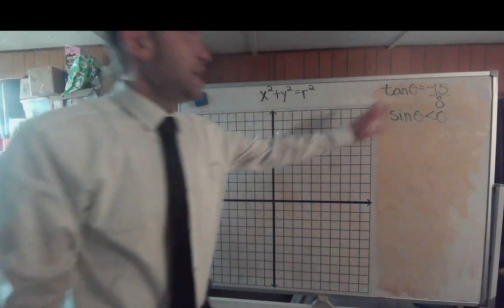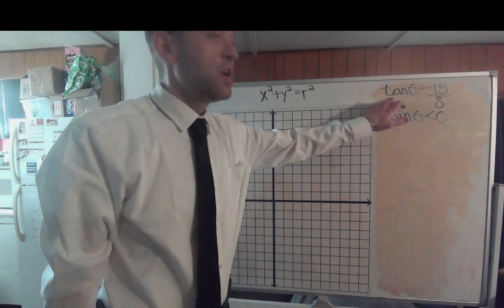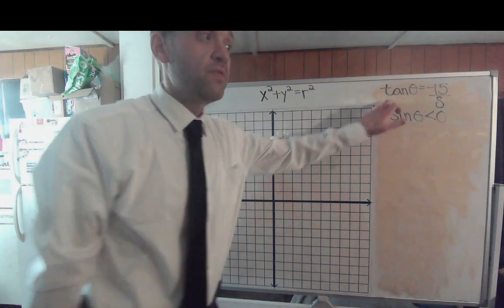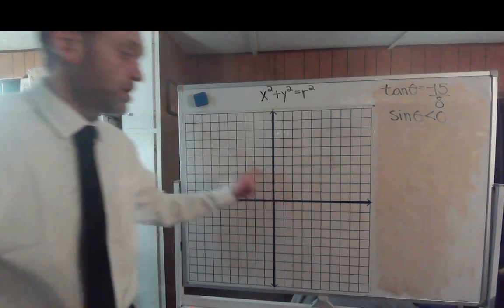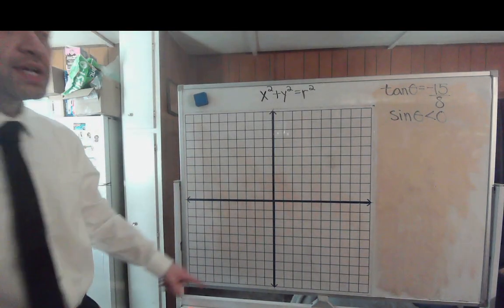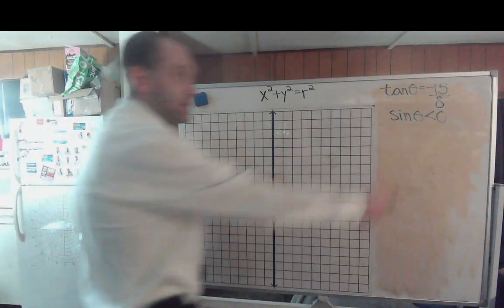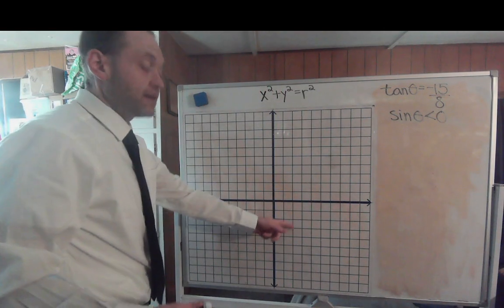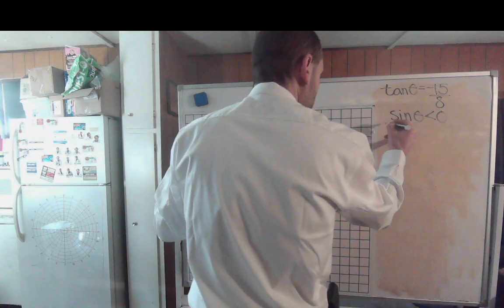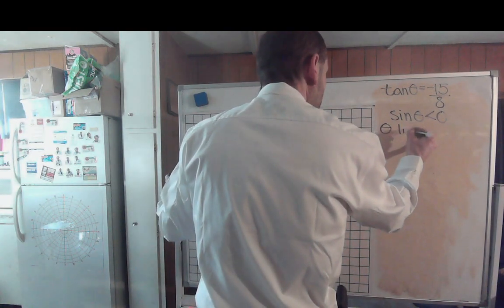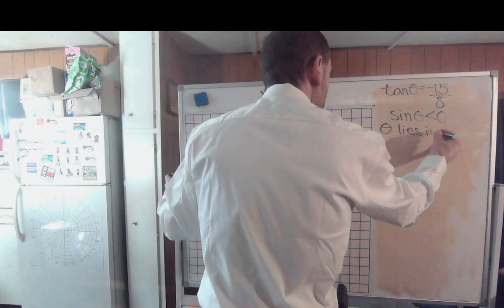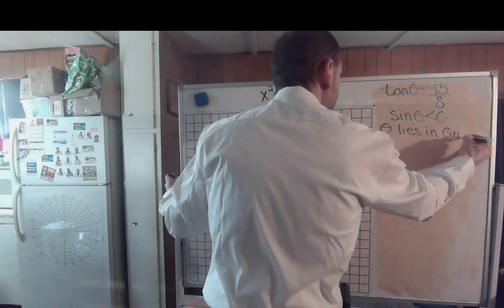We have a negative tangent. So when's the tangent negative? Either in the second or the fourth quadrant. Then they tell you that the sine of theta is less than 0. That narrows this down to the fourth quadrant. So we can say that theta lies in quadrant 4.